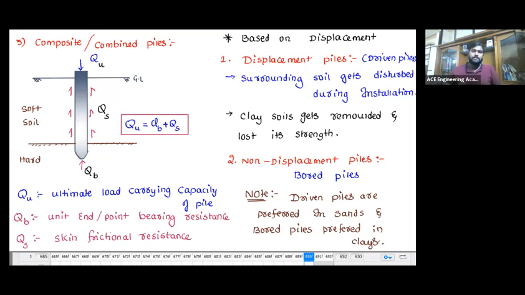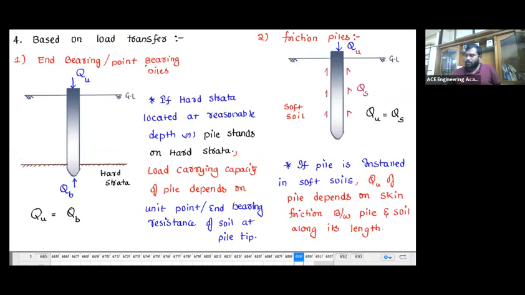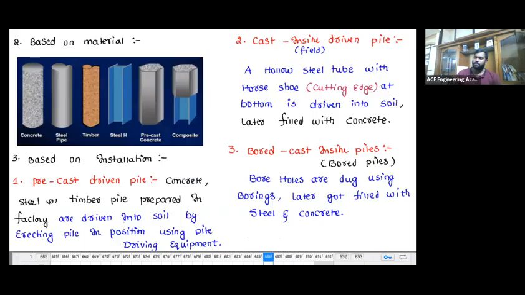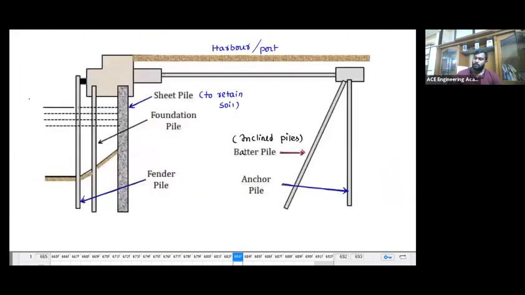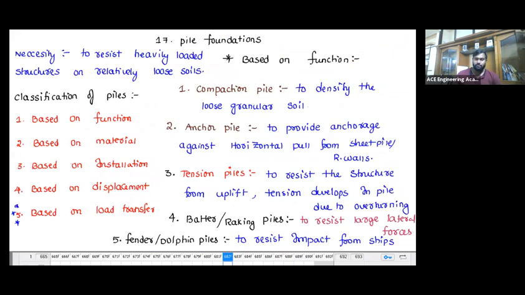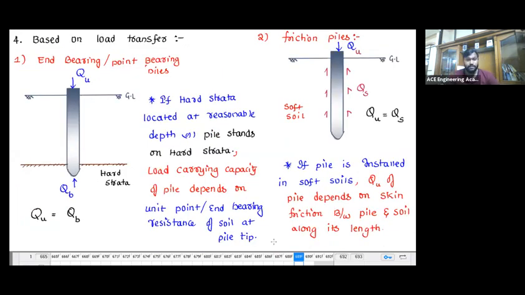Okay. So now this is about the classification of various piles based on function, material, installation, displacement, and load transfer. What we require is this one. Eventually, we need to design, right?